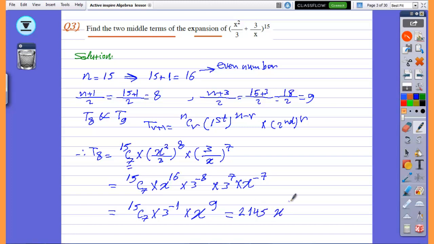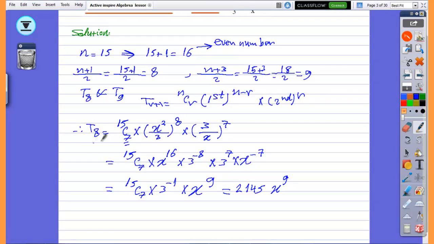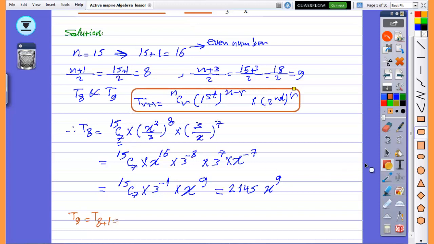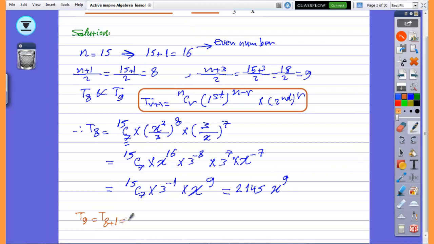x power 9. Now the second middle term is T9, and T9 equals T8 plus 1 equals nCr according to the rule here. Here is the rule of general term. It is very important. Equals nCr, and we know that n equals 15.